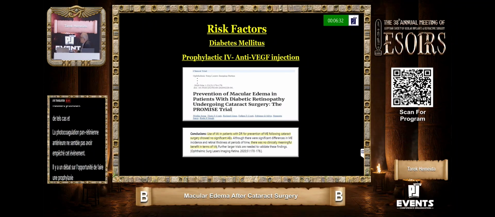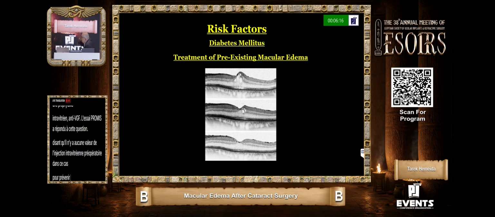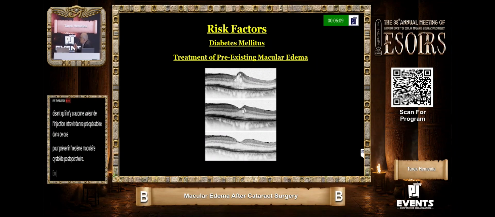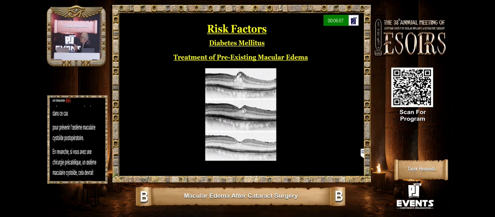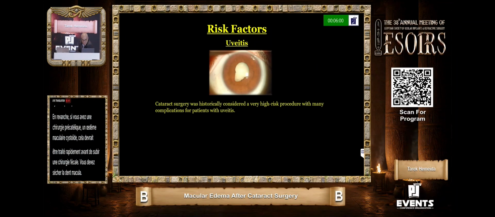The PROMISE trial has answered this question, saying that there is no value of pre-operative intravitreal injection to prevent post-operative cystoid macular edema. On the other hand, if you have a pre-cataract surgery cystoid macular edema, it should be treated promptly before going into phaco surgery. You should dry the macula totally, and then you go for the cataract surgery.